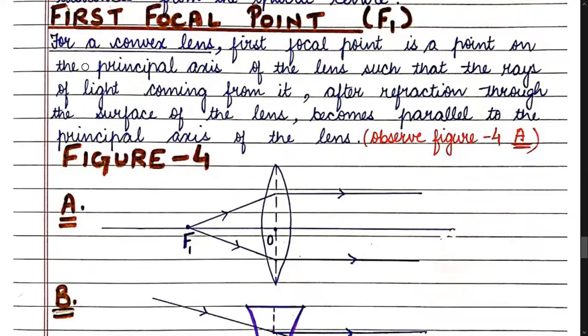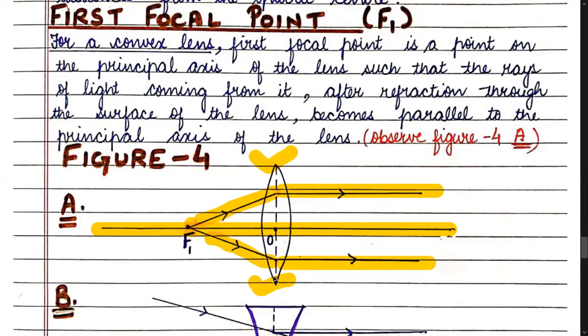So for a convex lens, first focal point is a point on the principal axis of the lens such that the rays of light coming from it, after refraction through the surface of the lens, become parallel to the principal axis of the lens.